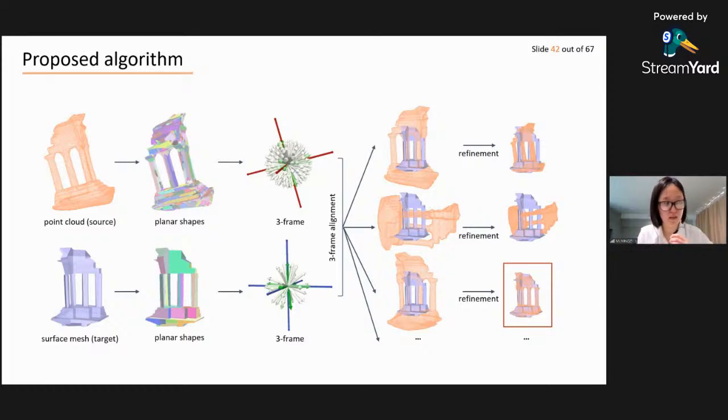In this slide here, the weight is assigned by the area of the detected planes. But for the point cloud, it's in fact the reverse of the problem.